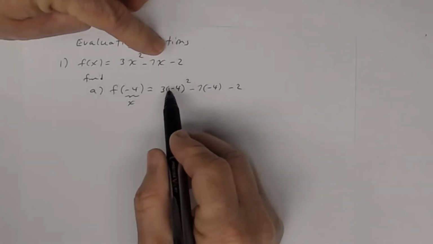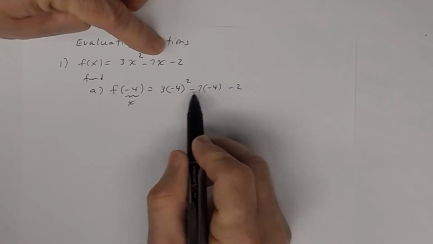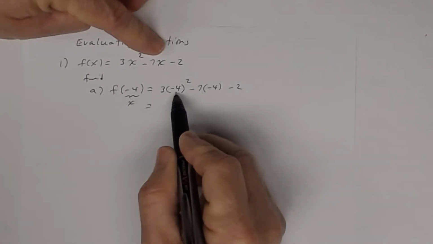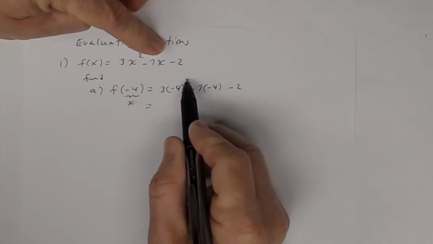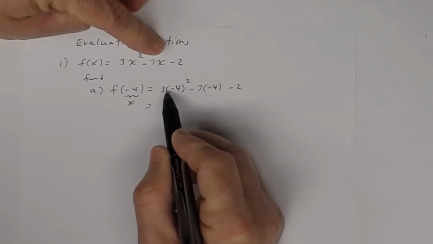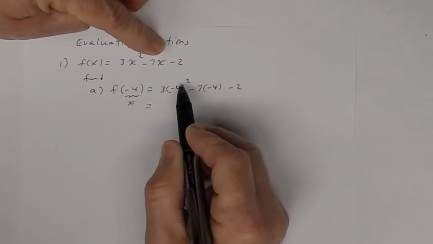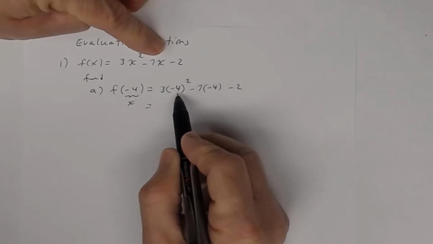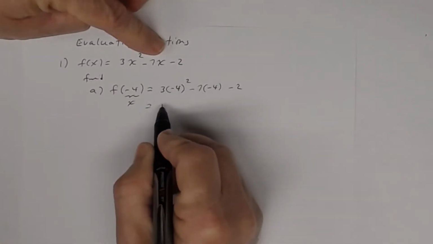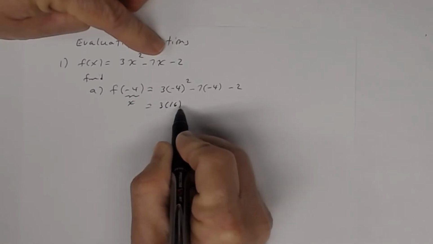At this point, I'm going to simplify what I have here using the order of operations. I know that I've got to use exponents before I multiply, so make sure you follow the order of operations. Negative 4 times itself is a positive 16. So I get 3 times 16.